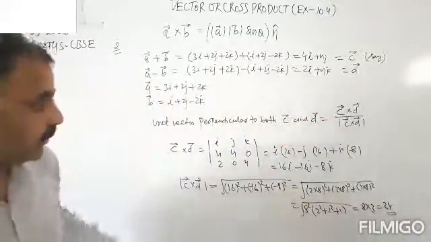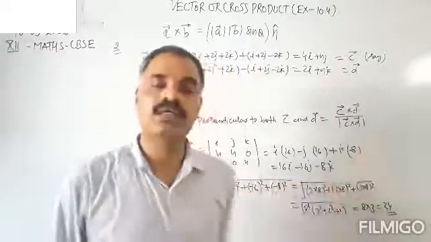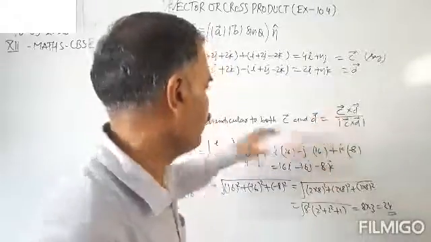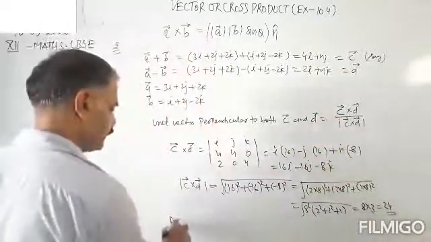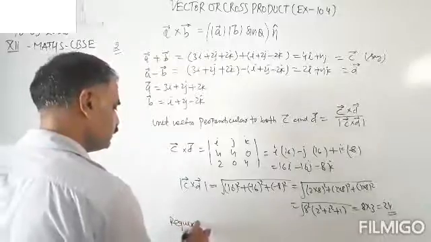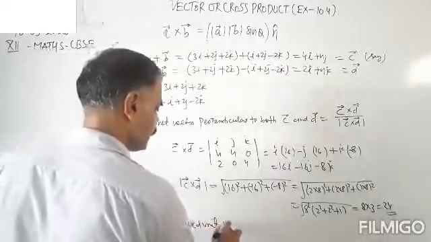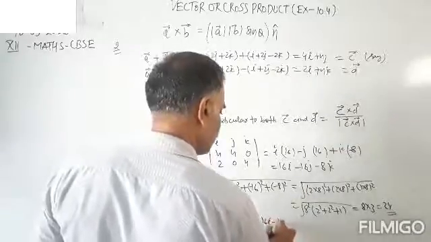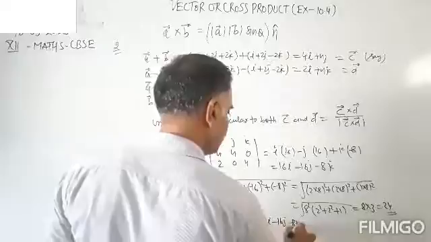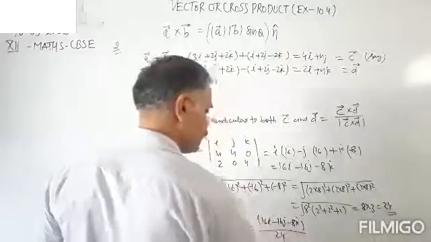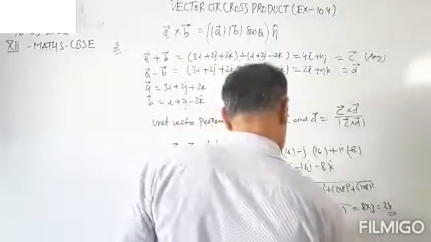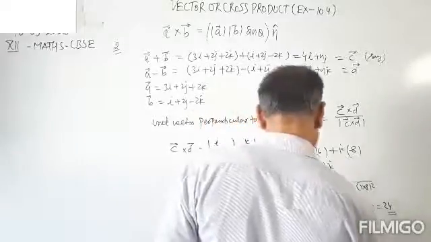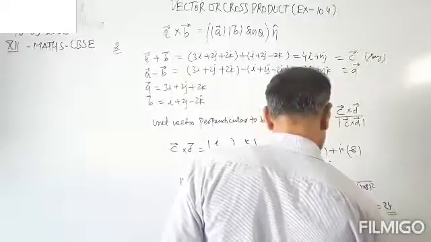So the magnitude equals 24. Now putting all these here, we will have the required unit vector, which is 16 i cap minus 16 j cap minus 8 k cap divided by 24, equal to 1 by 3 (2 i cap minus 2 j cap minus 1 k cap).